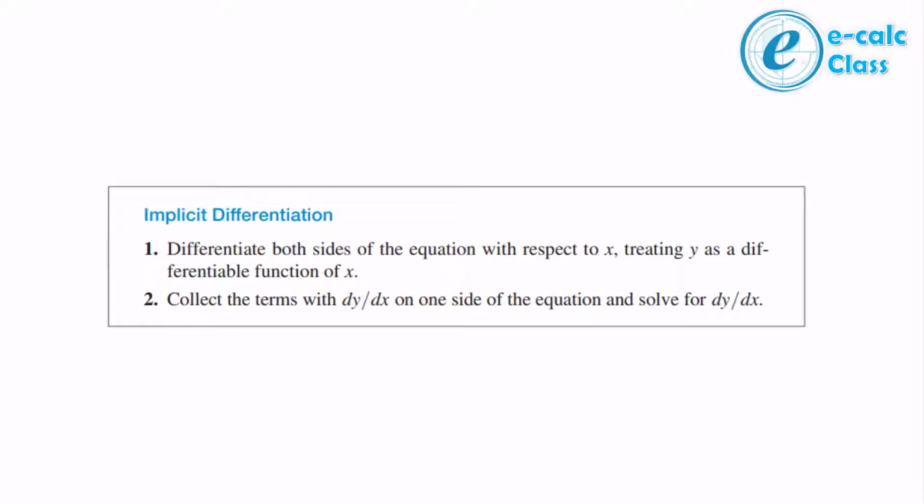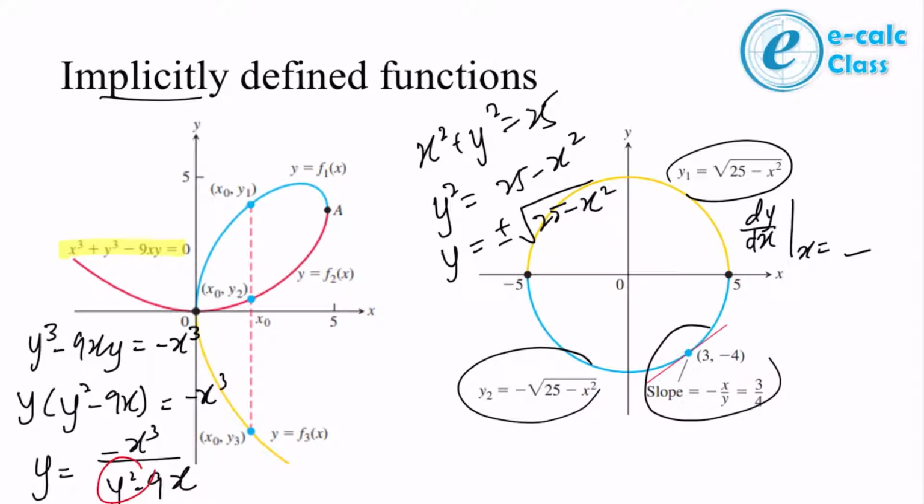Alright, so the steps to do implicit differentiation are very easy. First, you differentiate both sides of the equation with respect to some variable, and usually in this lesson we'll be differentiating with respect to x. Then when we differentiate, we will treat y as a differentiable function of x, which means like in this fish example, we have x and y stuck together, right?